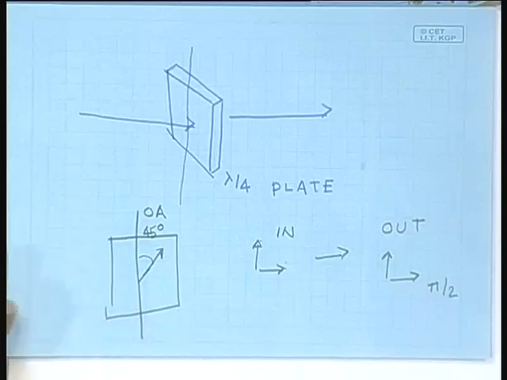Now you have mutually perpendicular oscillations with a phase difference of pi by 2, and we remember that mutually perpendicular oscillations of the same magnitude with a phase difference of pi by 2 give circularly polarized light. So, what we see is that a quarter wave plate converts linearly polarized light at 45 degrees to the optical axis into circularly polarized light.